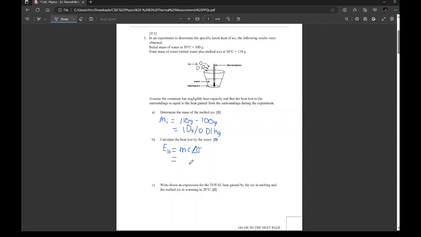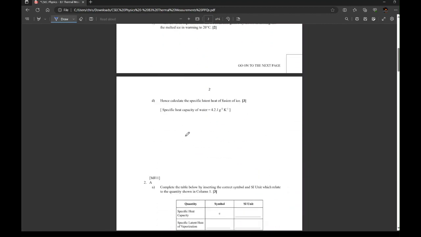But to put everything in SI units, instead of using the 4.2 joules per gram per Kelvin, I'm going to convert this to kilograms, right? And all I have to do to convert this to kilograms is to multiply by 1000, because 1000 grams is in 1 kilogram.